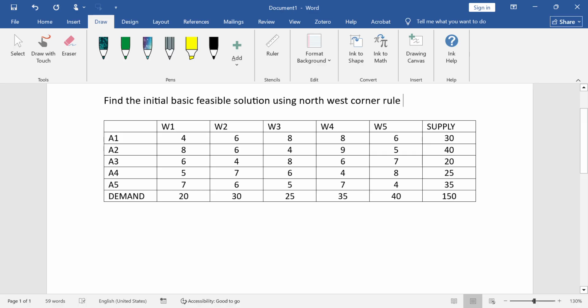So today we are going to see how to solve this particular transportation problem which you see on the screen, making use of the northwest corner rule.